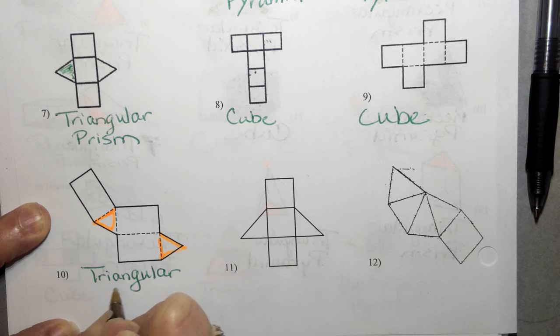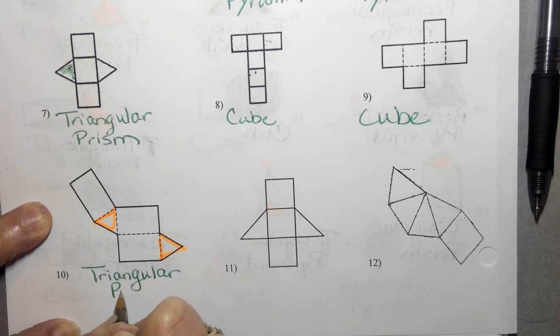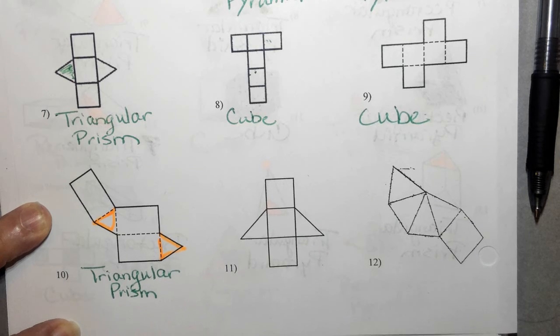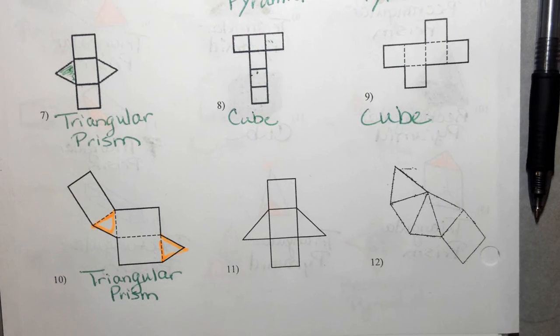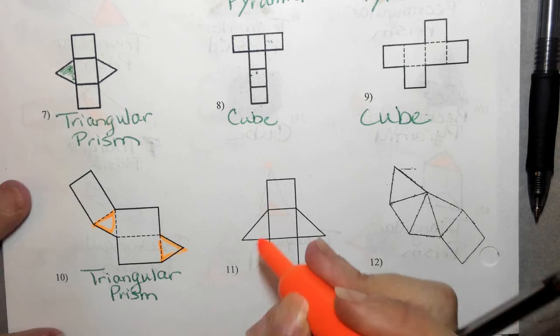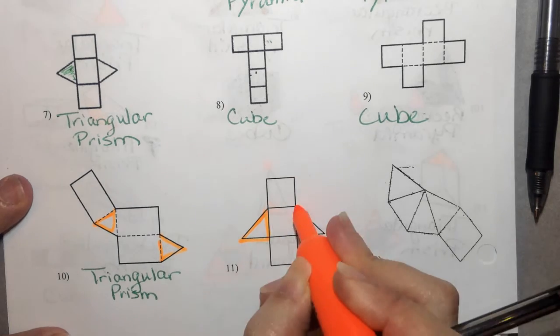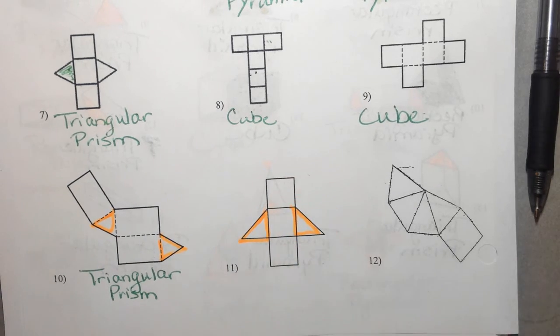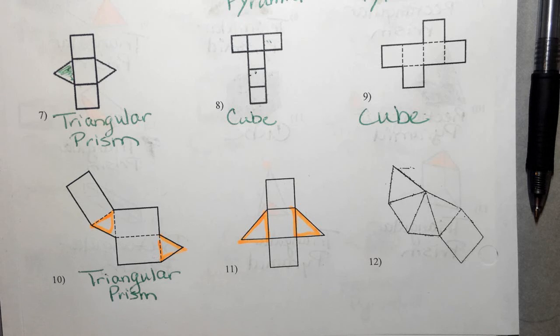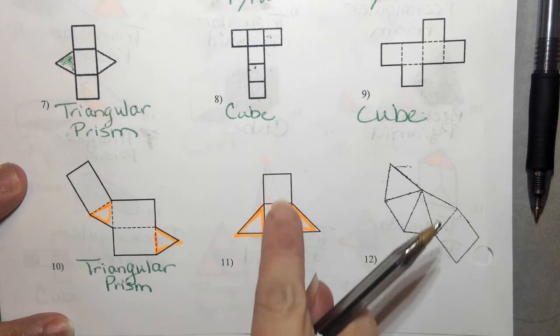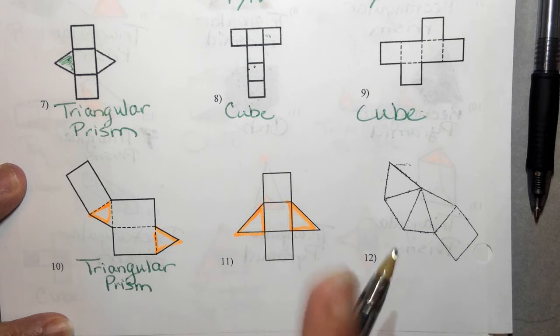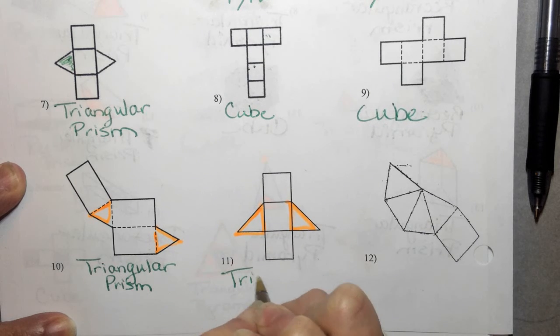And then number 11 will be the same as that one. Listen, 11 is the same because it has the 2 triangles and the 3 rectangles or squares. So these are the same thing, they're just laid out differently. Same objects, okay? So triangular prism.